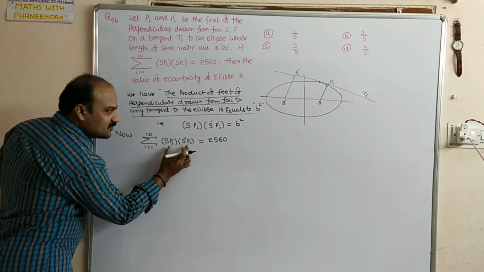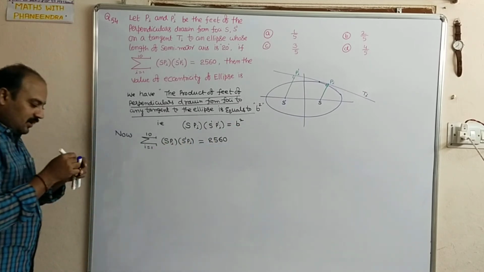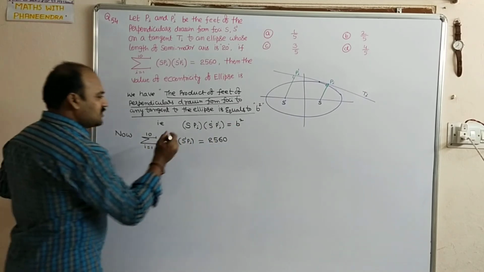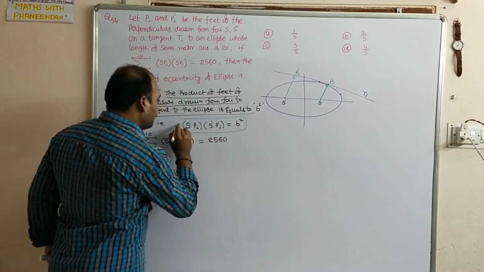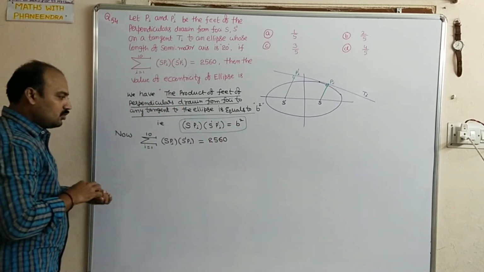What is the value of this one? b squared. Clearly, we got it. This is the standard result we discussed in the previous sessions.